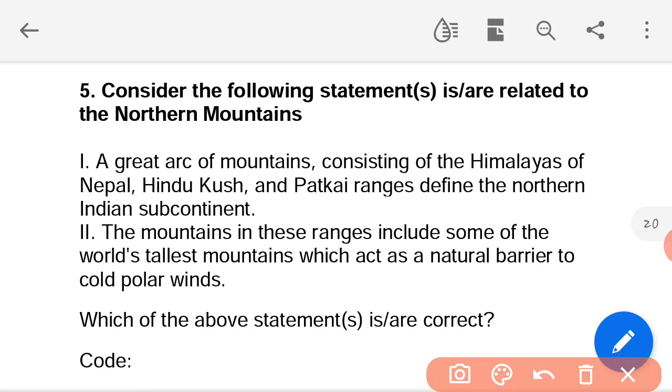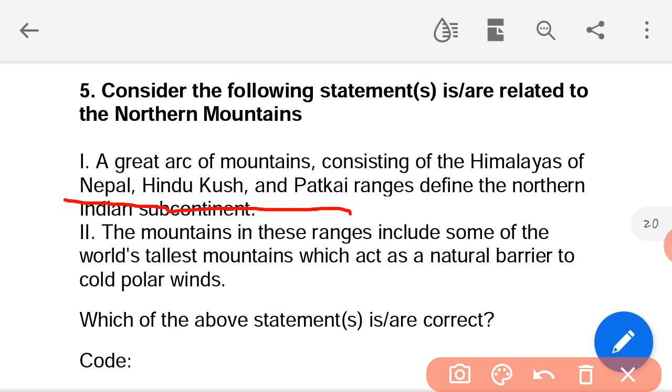Consider the following statements related to the northern mountains. I. The great arc of mountains consisting of the Himalayas of Nepal, Hindu Kush and Patkai range define the northern Indian subcontinent. II.